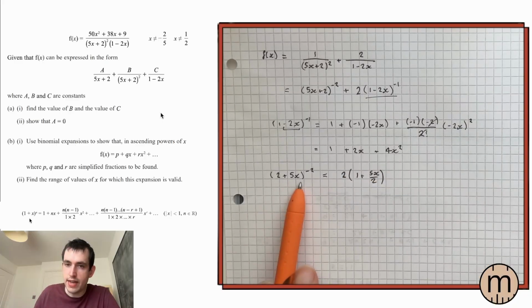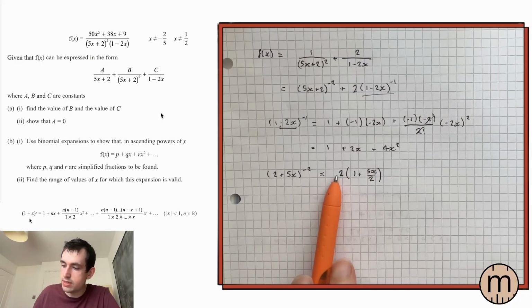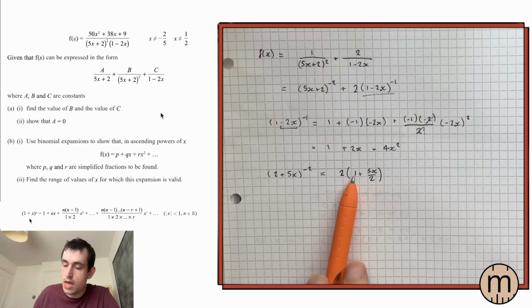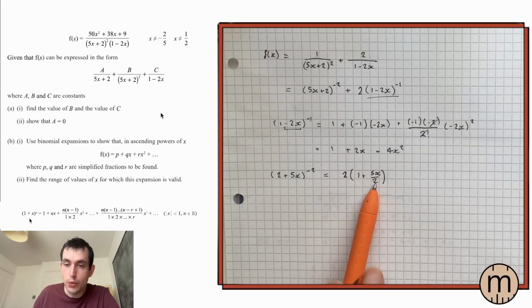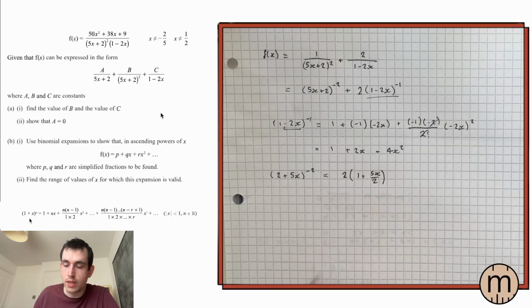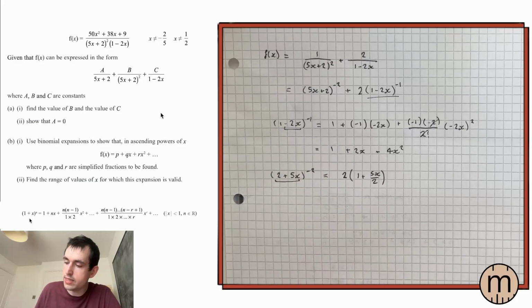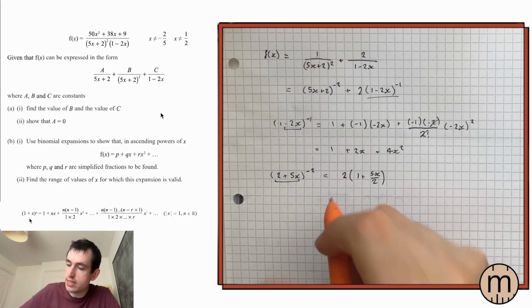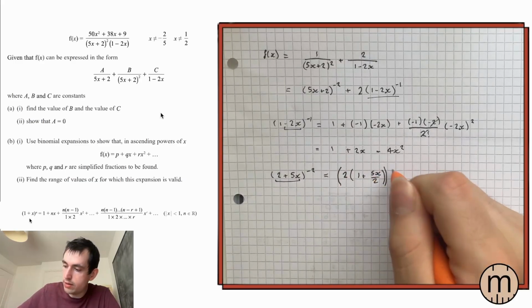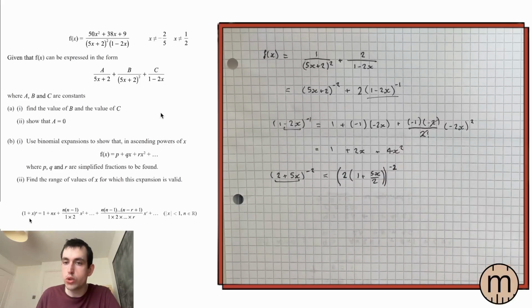2 plus 5x is the same as 2 times 1 plus 2 times 5x over 2. So essentially I've divided both terms by 2 and put a 2 on the outside of the bracket. That represents 2 plus 5x. 2 plus 5x is all to the power, nice big brackets please, all to the power of minus 2.